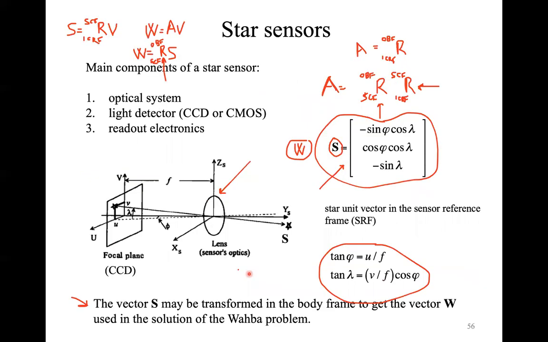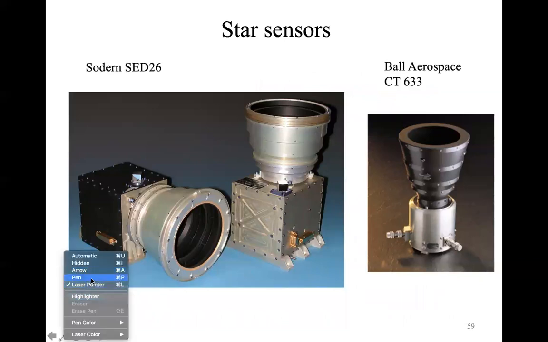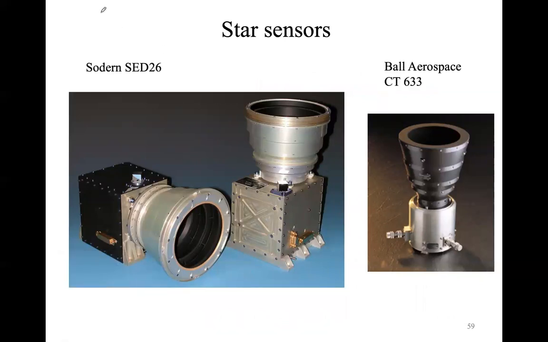Star tracking means, let's do that here, that once we know that in our field of view, let's assume that S1, S2, and S3 have been identified.